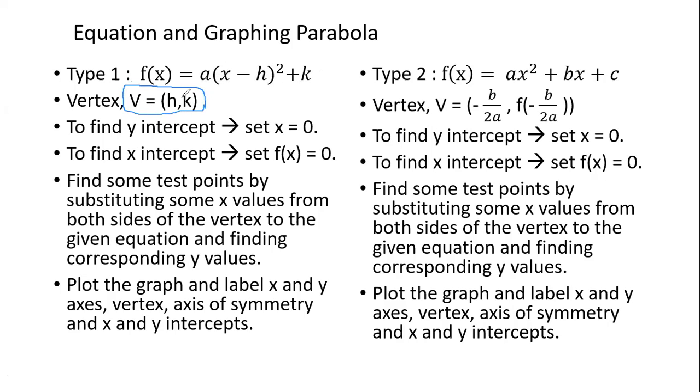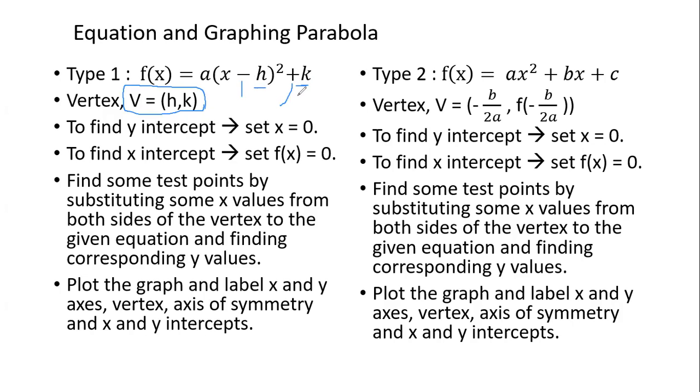Leave it as it is. Get (h, k). H is here, k is here. When you compare, make sure the sign here should be negative with h, and k, this should be positive.